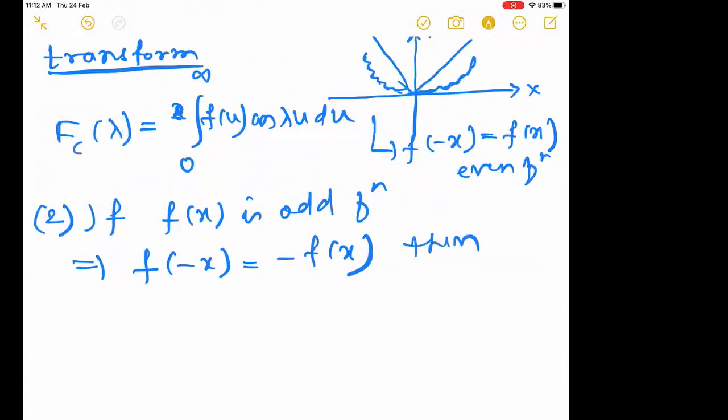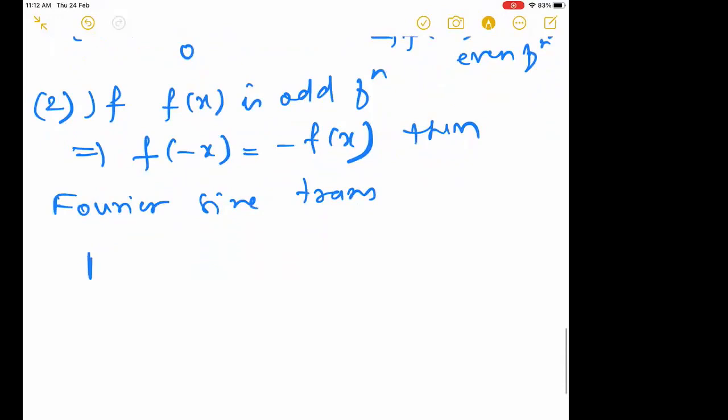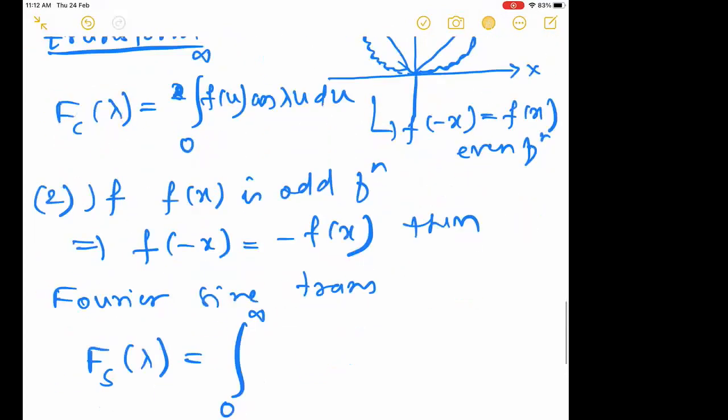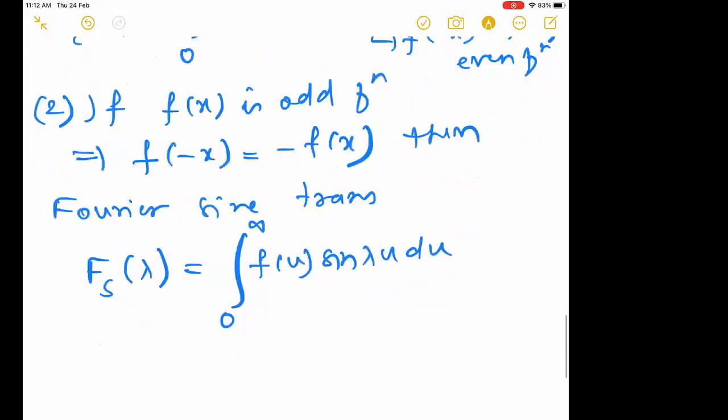Then the Fourier sine transform is defined as Fs(lambda) equals the integral from 0 to infinity of f(u) multiplied by sin(lambda u) du. The answer is required in the form of that.